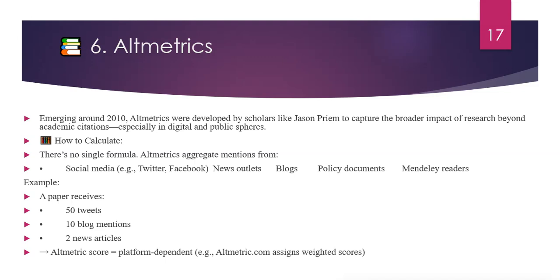Example: a paper received 50 tweets, 10 blog mentions, 2 news articles. The altmetric score depends on the platform's algorithm, which assigns weight scores. It is not very important. The important metrics in this session we introduce are the H-index and impact factor.